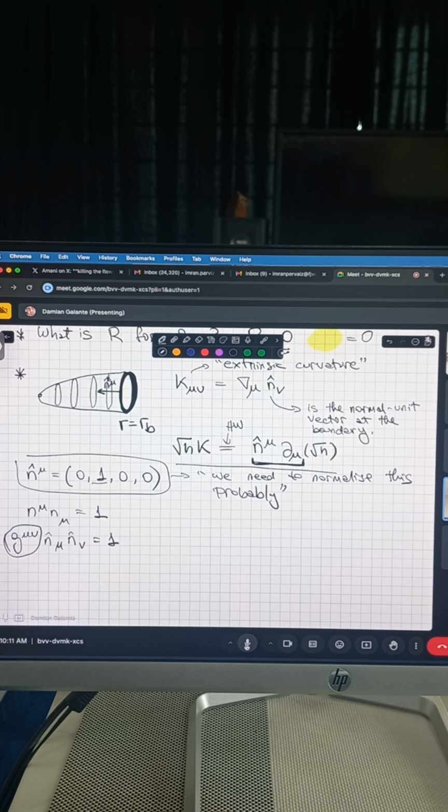I don't want to write it because I don't remember the normalization, but I think it's something like this. So then when you take derivatives with respect to r of this thing, you will get some other dependence in K as well. But you will need to evaluate that at the boundary. So this is an exercise. But these formulas assume that the normal vector has unit norm, and so in that norm, r can appear explicitly.